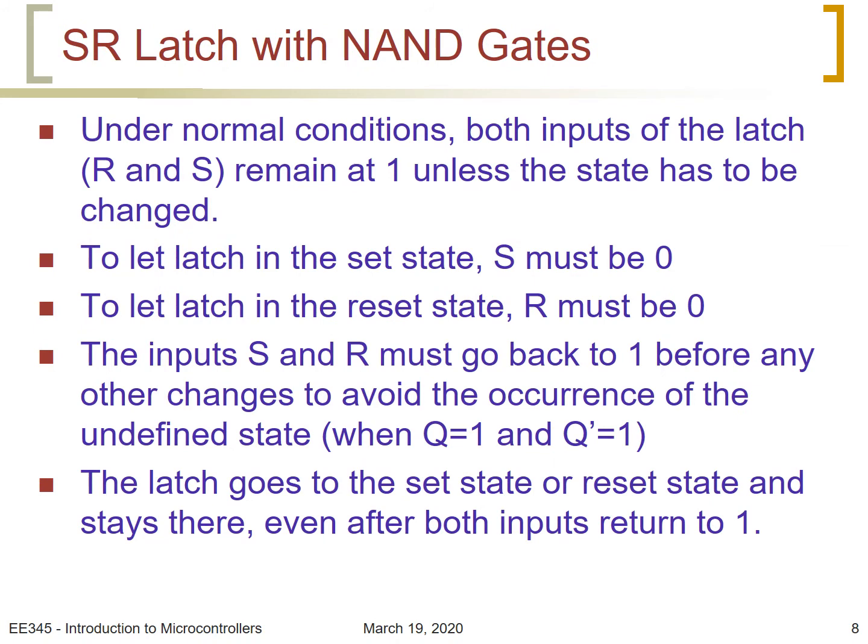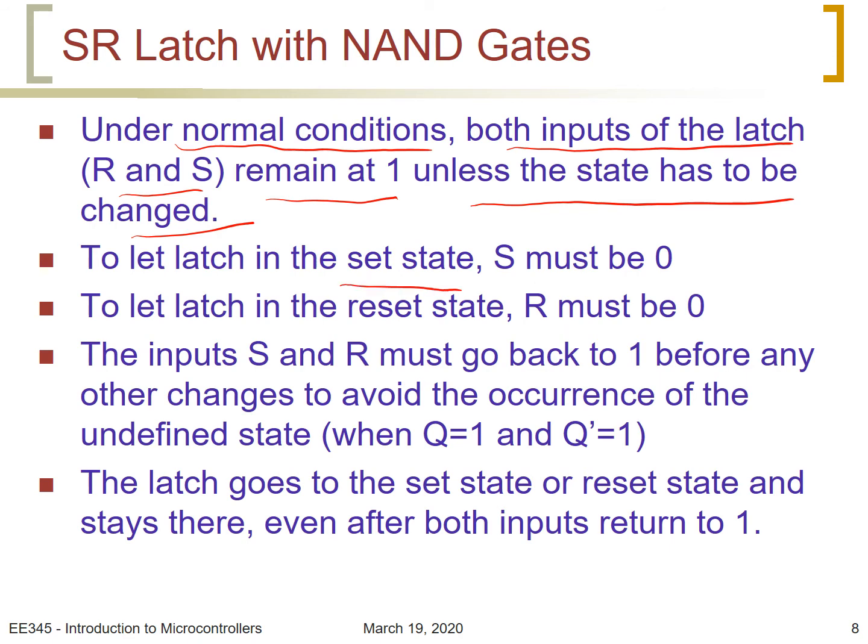This latch is very similar to the previous one actually, which is under normal conditions, both inputs of the latch R and S remain at 1 unless the state has to be changed. And to let the latch in the set state, S must be 0. To let it in the reset state, R must be 0.